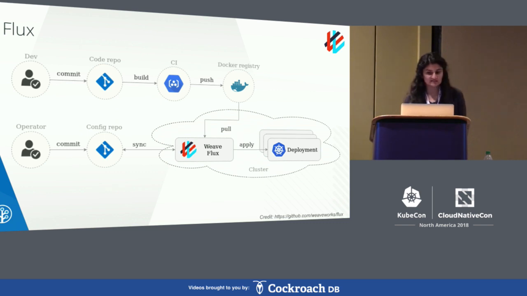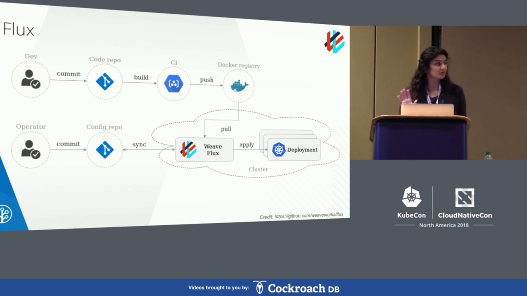The way it does this, and this ties into the first diagram I showed, is you have a controller running within your cluster called a Weave Flux controller, and it watches your config repo, and it watches your Docker registry as well. So as soon as you have new images in your Docker registry, it'll apply those images to your deployments if you've set them to automate. If you haven't set them to the automate mode, you can do that manually.